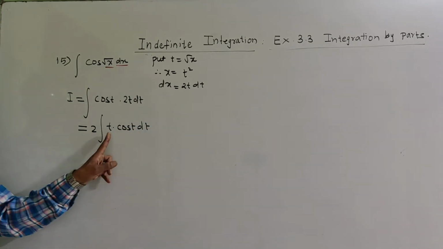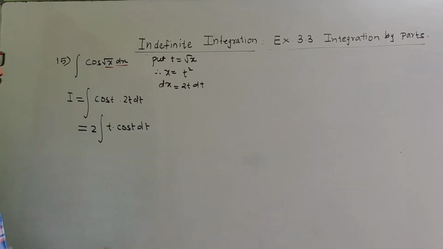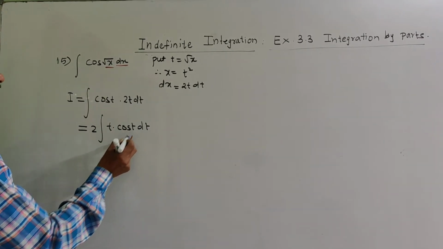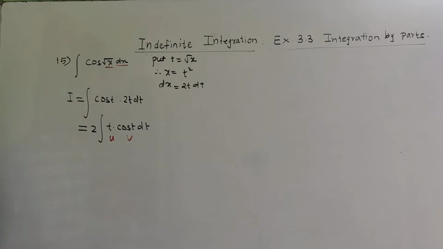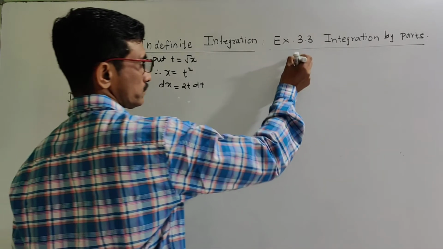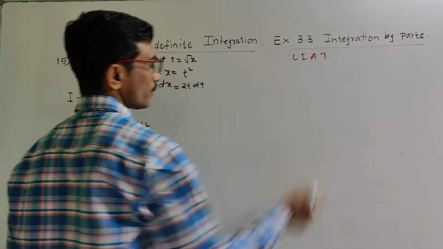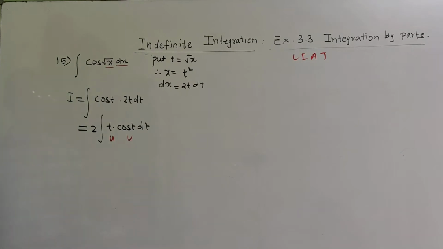Now this is algebraic function, trigonometric function. So algebraic is the first function u and trigonometric is the second function v.